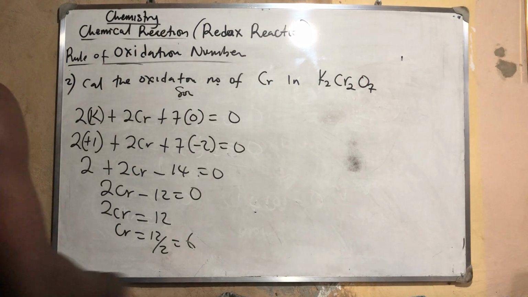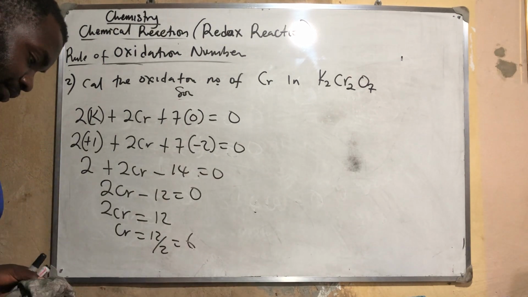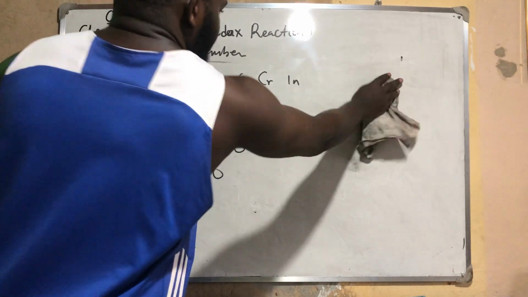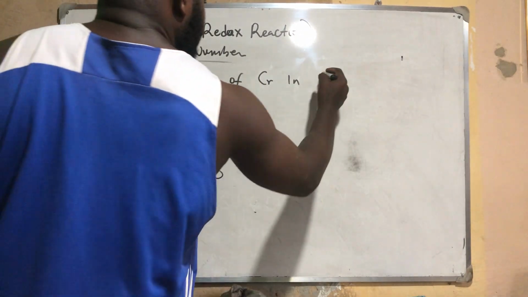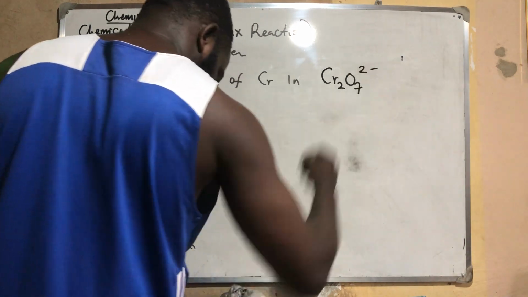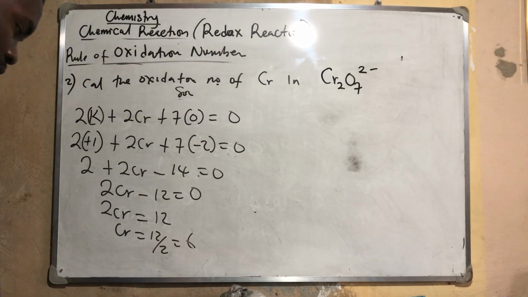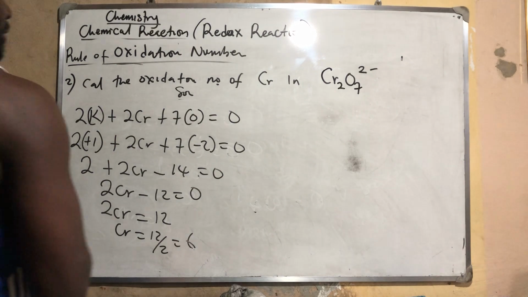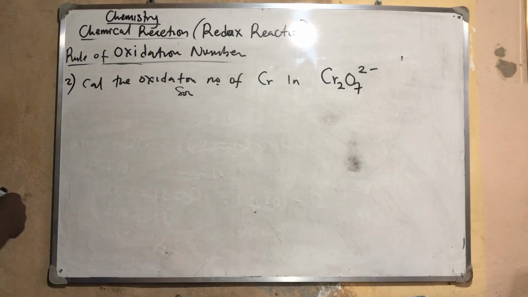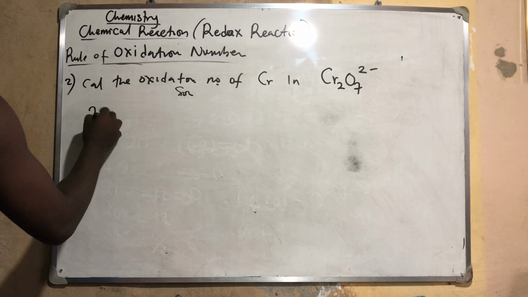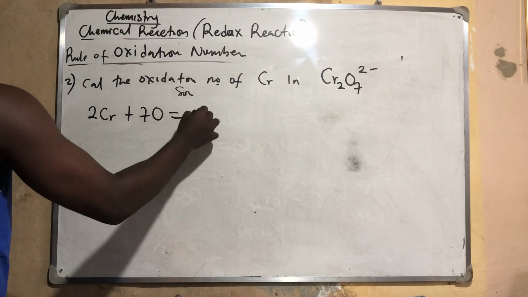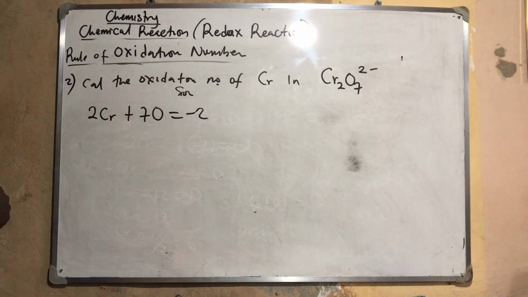That is it. Okay. So the next one, they say we should find Cr in Cr2O7 2 minus. Cr2O7 2 minus. All right. So that's the last one we're going to solve there, which is 2Cr plus 7 oxygen is equal to minus 2 because of the power there. So what do I have?